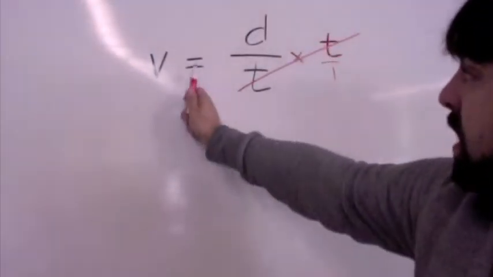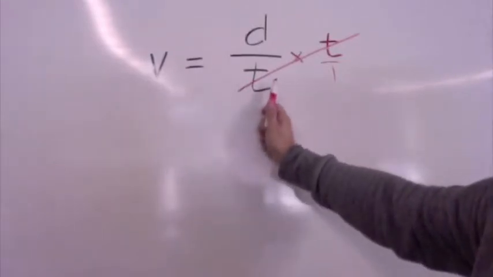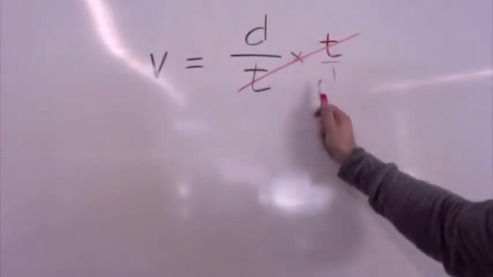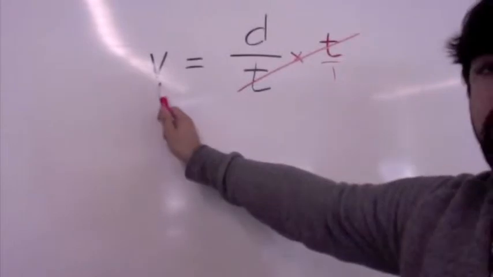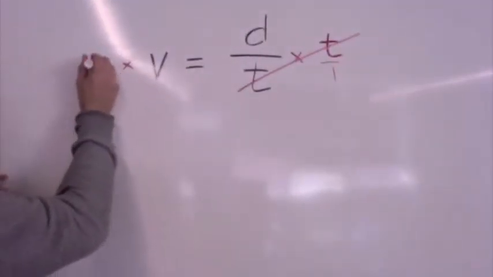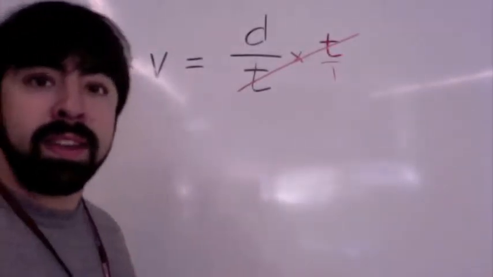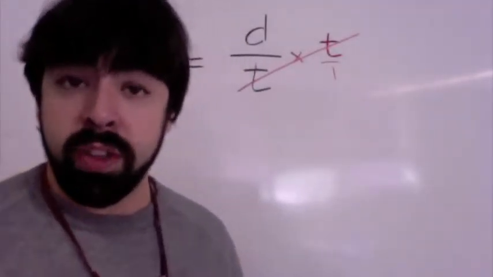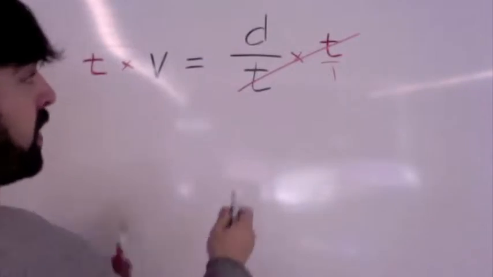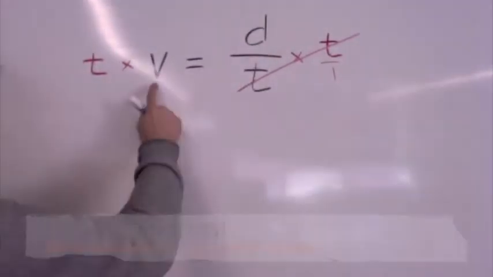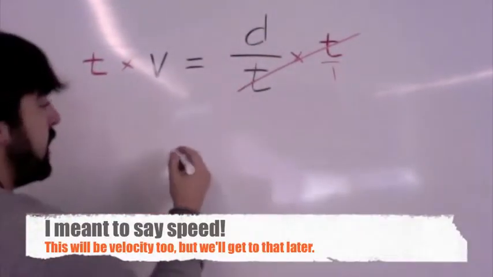But because this side of the equation is equal to this side, whatever you do over here, you also have to do right here. So I also have to multiply that side by time, because they equal each other. And so what I'm left with is distance equals velocity times time.